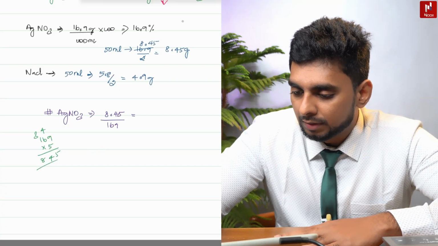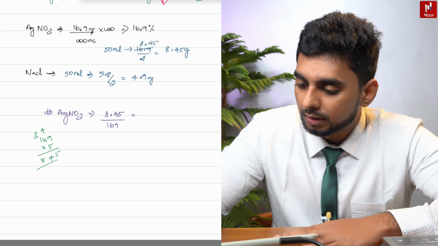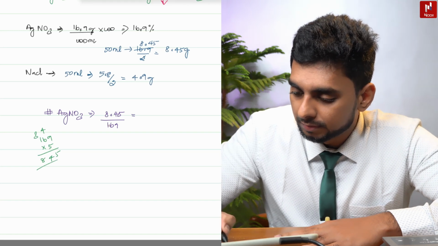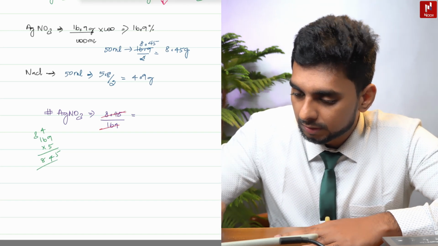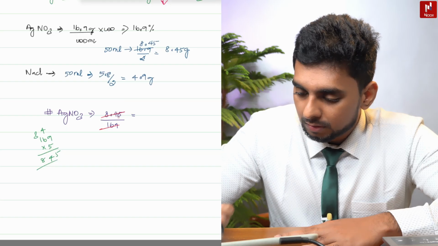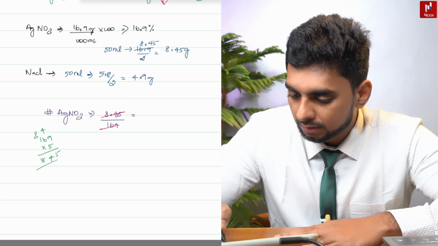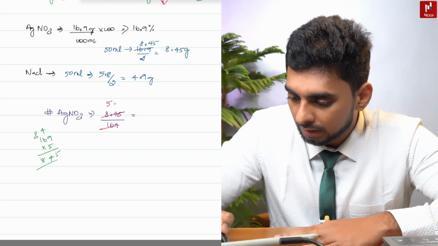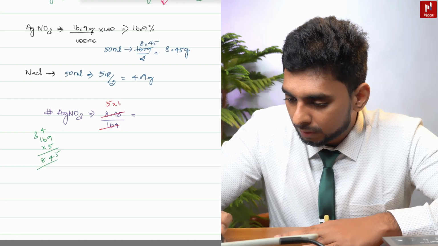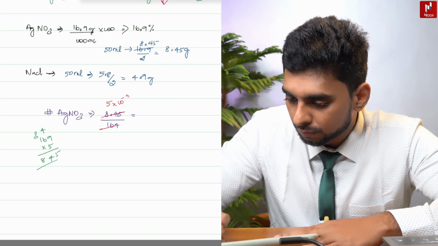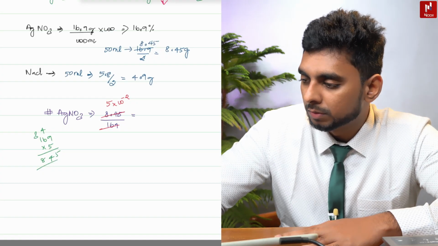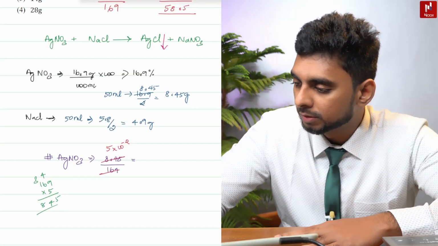So you will have 845, and those two will get cancelled out. It got worked out. So you will have 5 into 10 power minus 2, that was the moles present in terms of AgNO3.